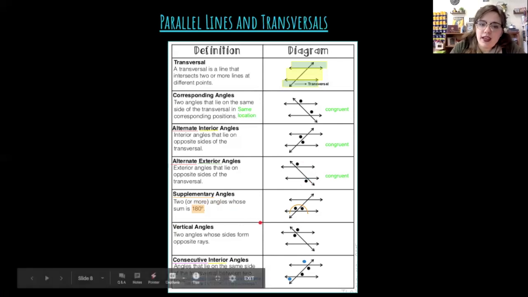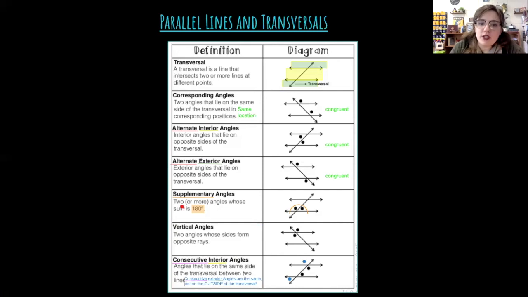Our supplementary angles, we have two or more angles whose sum is 180 degrees. They do not have to be next to each other.